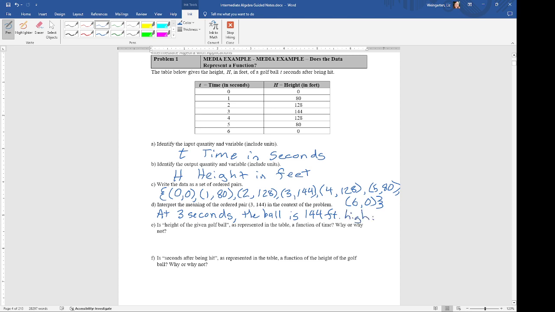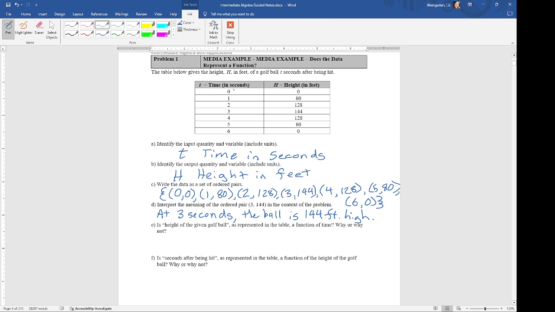Is the height of a given golf ball as represented in the table a function of time? Why or why not? So let's look. Does each one of these times only correspond to one height? 0 only goes to 0, 1 only goes to 80, 2 goes to 128. It's looking like there are no repeated times.